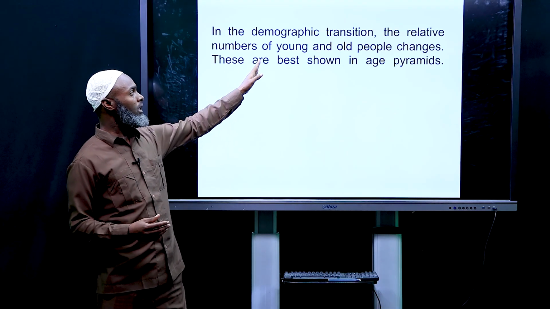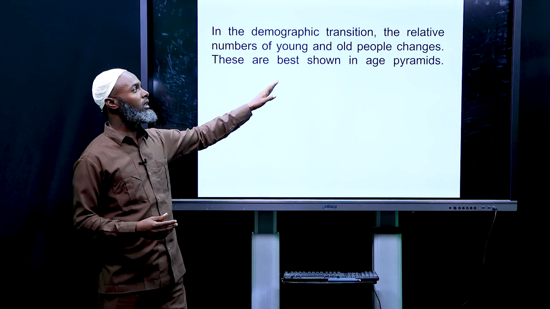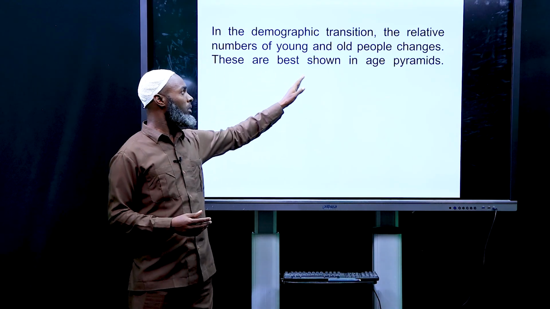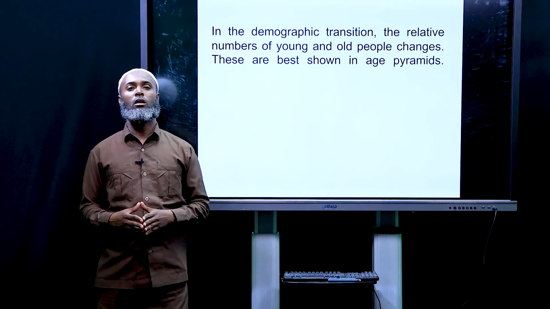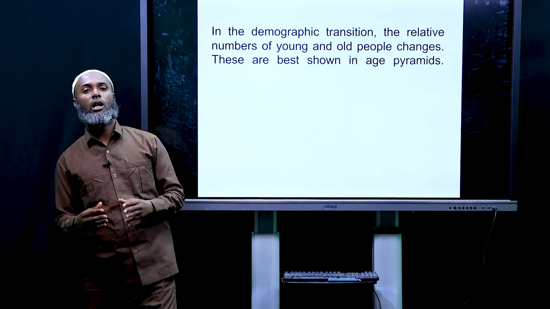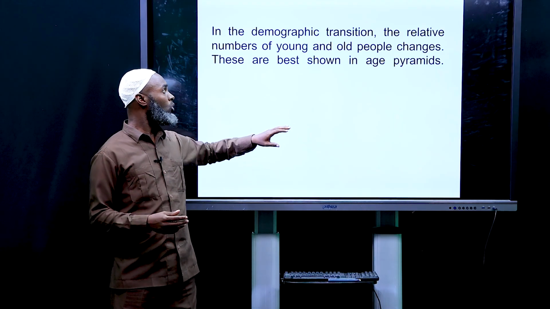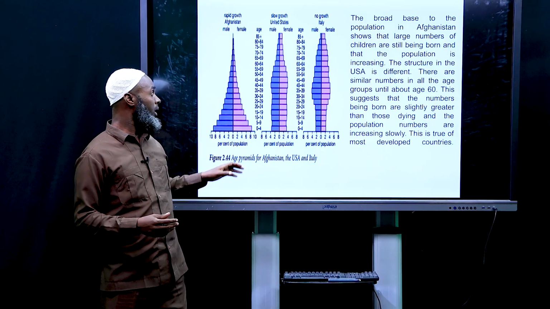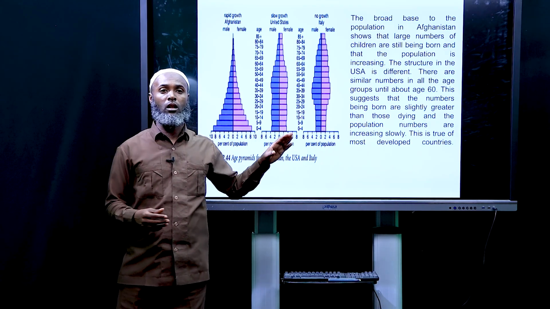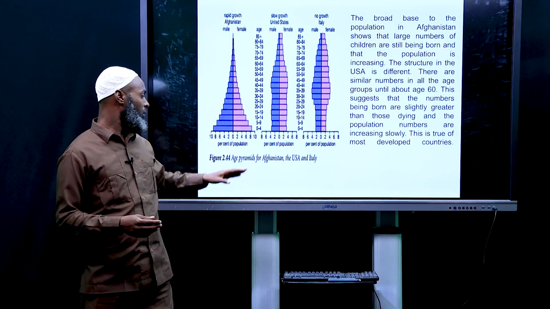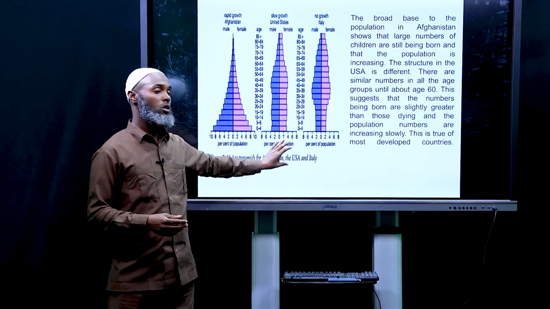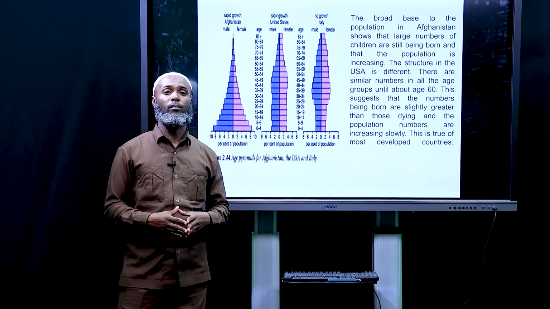When the relative number of young and old people changes, this is best shown in an age pyramid. An age pyramid is used to show this demographic transition, and we can take an example from your textbook: the age pyramids of Afghanistan, USA, and Italy.